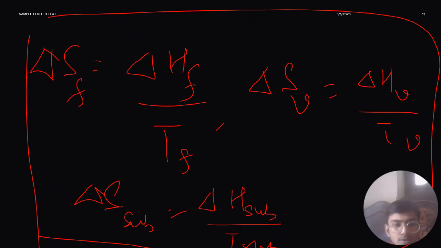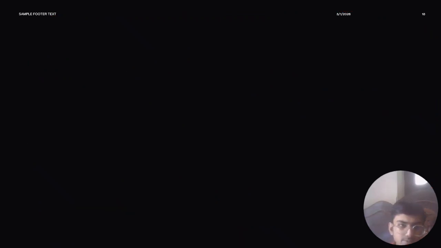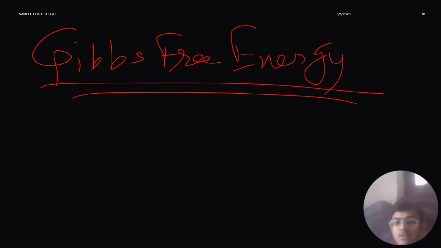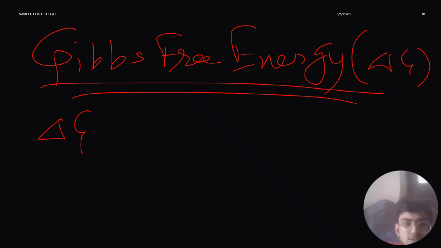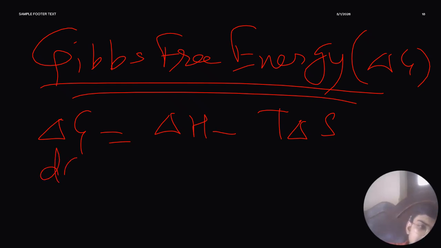Okay, now we will introduce Gibbs free energy. What is actually Gibbs free energy? Again, it is a thermodynamic parameter which is extensive in nature, meaning it is additive, and we express it in terms of its change delta G, given by delta H minus T delta S. Or in differential form we write dG equals VdP minus S dT.